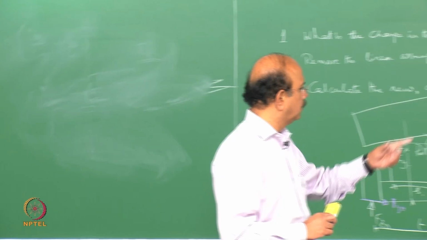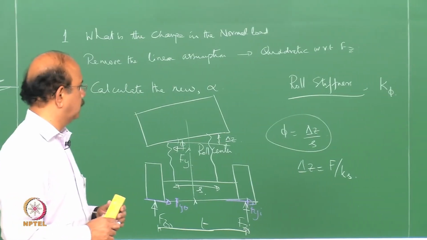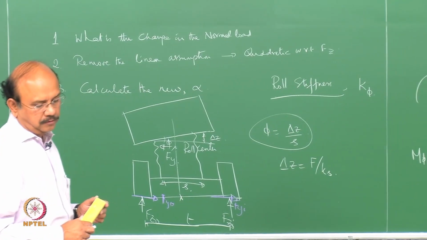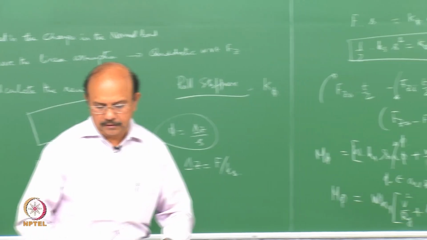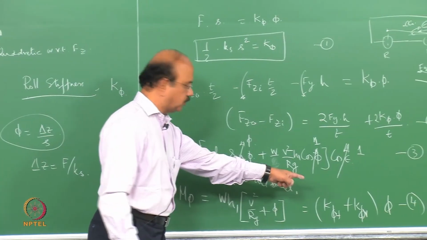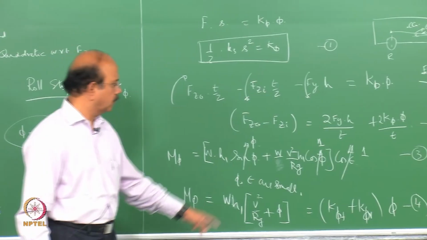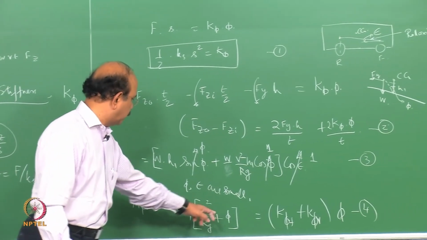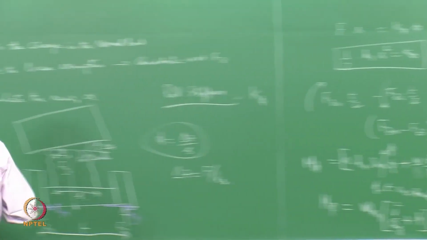Now let me rearrange those terms so that I would get phi. So my whole idea is to get phi, right? So WH1, let me rearrange that.